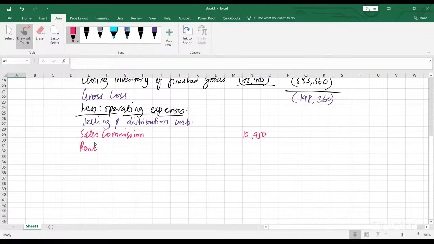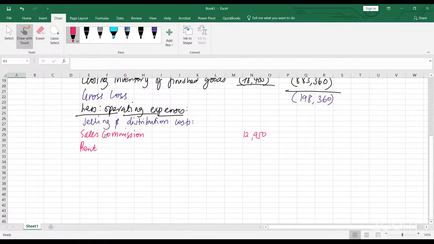How much is the rent? Patricia, Christine, Brenda, Joy, how much is the rent here? Check your trial balance. Our rent is 45,800.